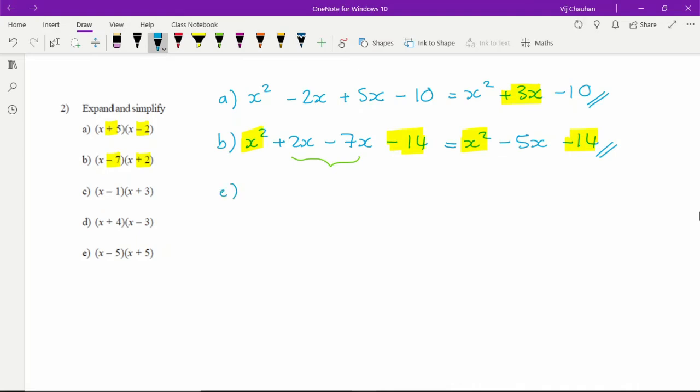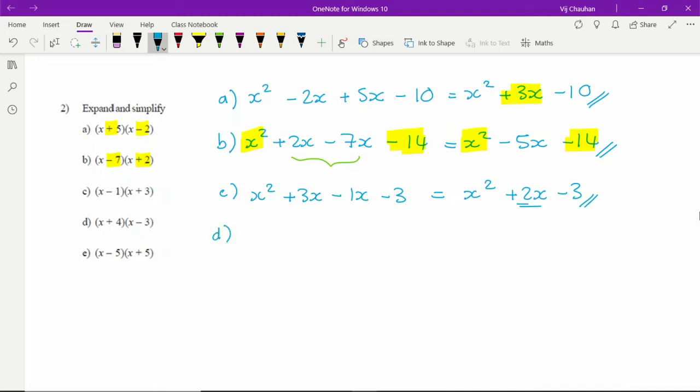And for C, we've got x squared plus 3x minus 1x minus 3, and that simplifies to give me x squared plus 2x minus 3. So as you can see, my positive digit was bigger than my negative digit, which means I end up with a positive x in the answer.